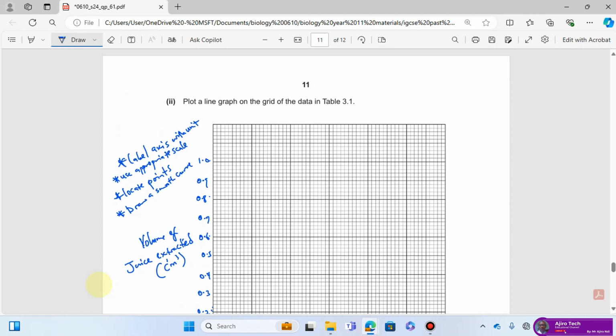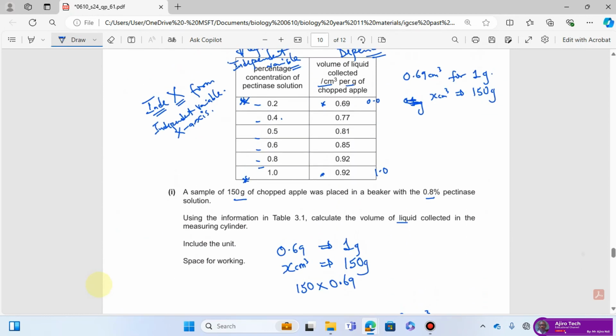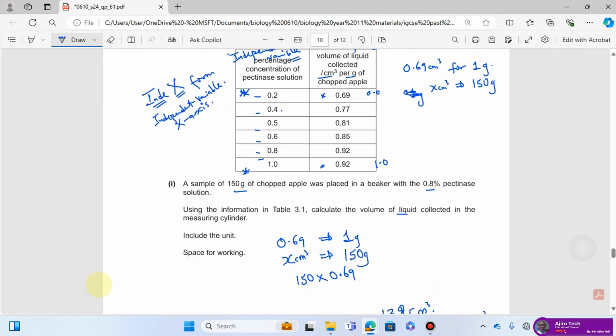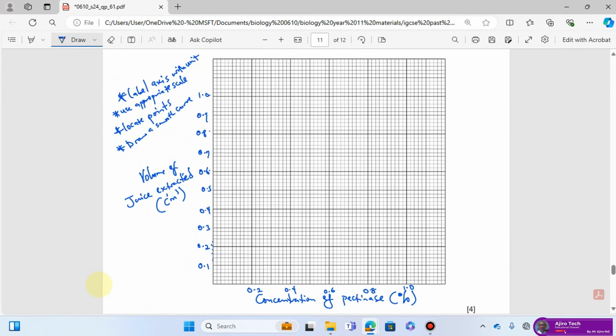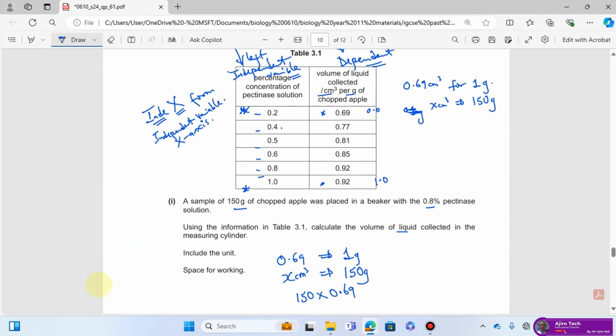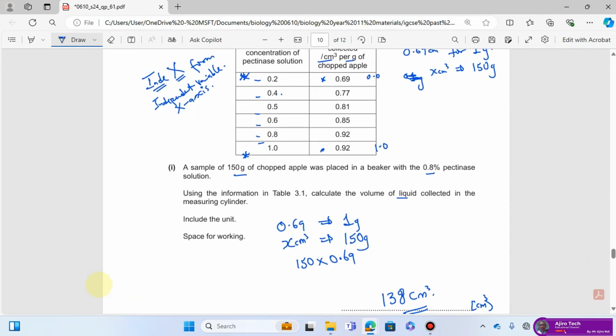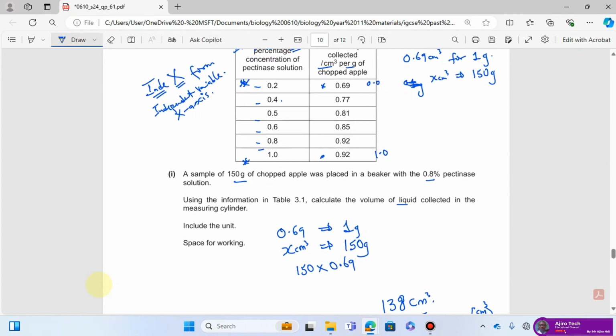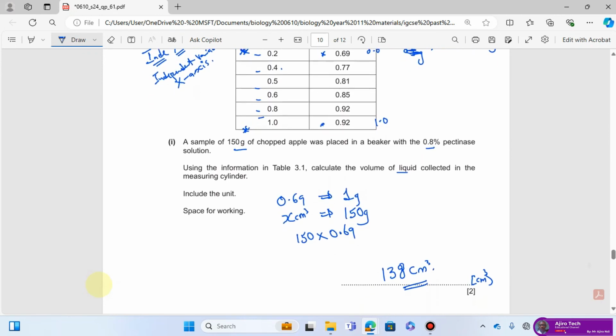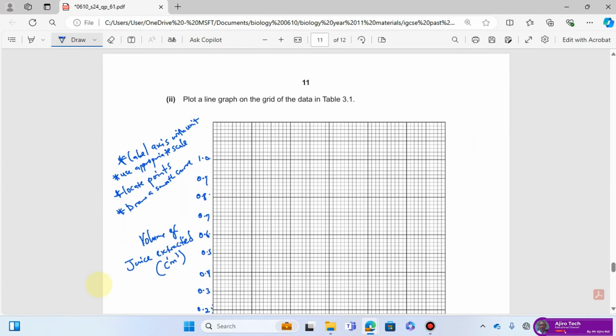So let's come to our graph now. Our tables, we have at 0.2 we have 0.69. Let's even do it this way: 0.2, 0.4, 0.6. So 0.2, 0.69, 0.4, 0.77.